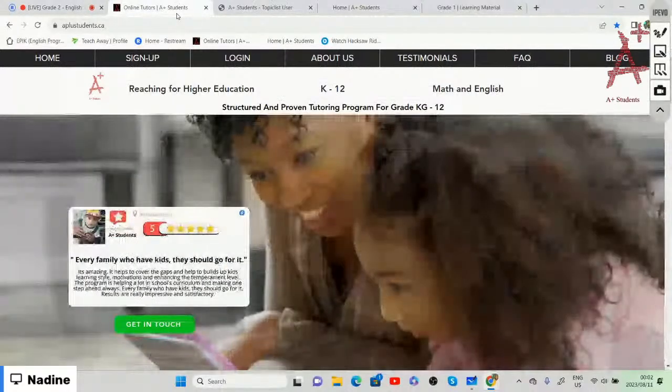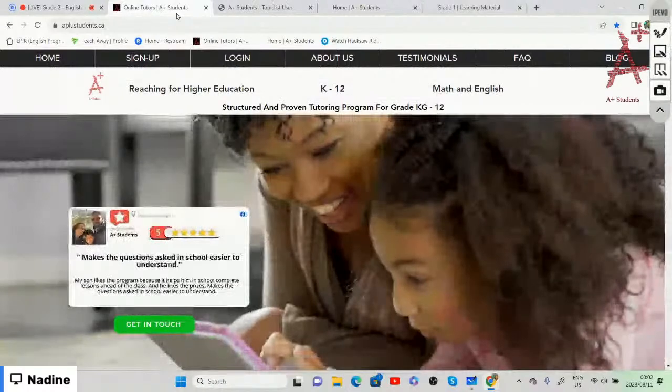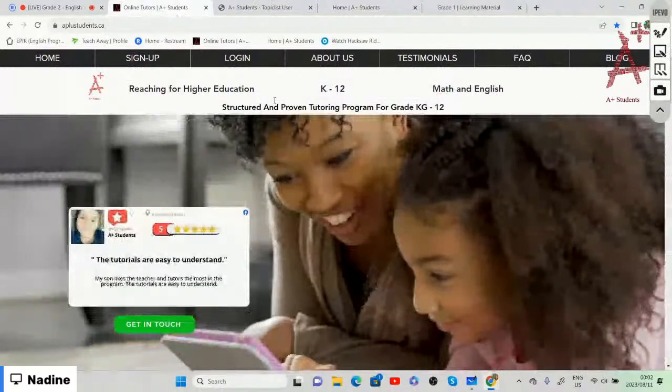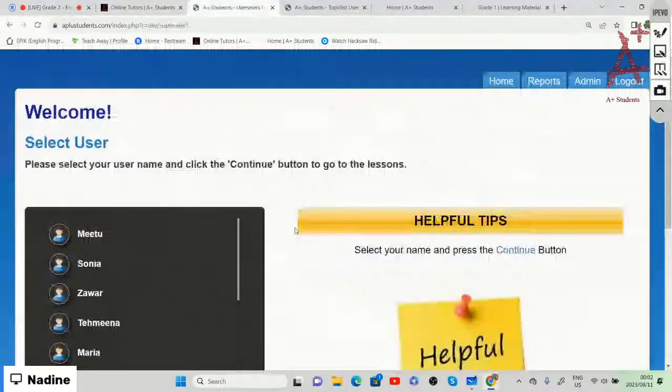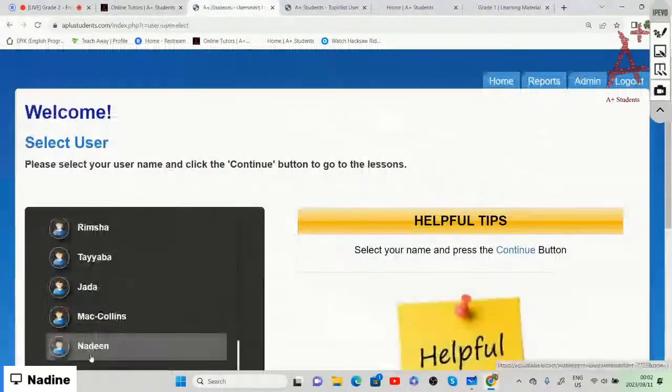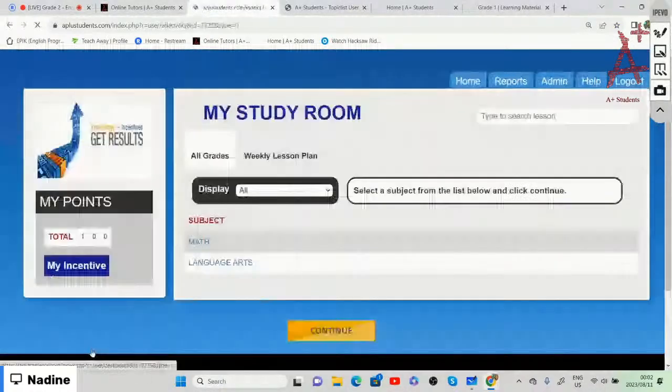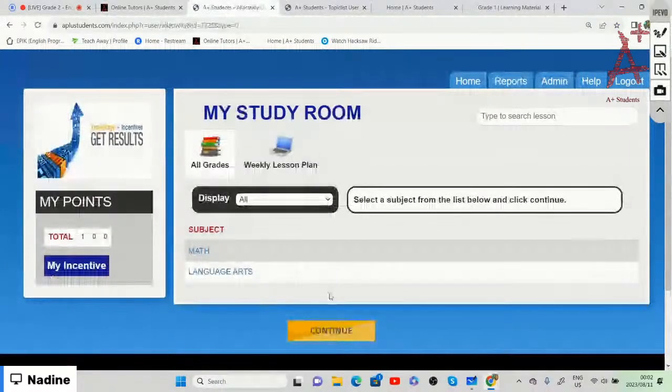Before we start with our lesson, you are going to log in to aplusstudents.ca with your username as well as your password. You're also going to select the subject of language arts.